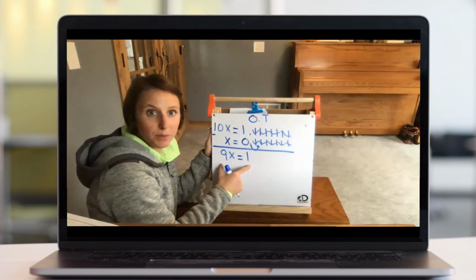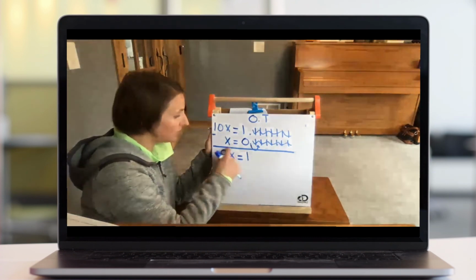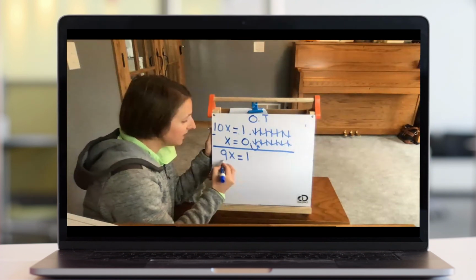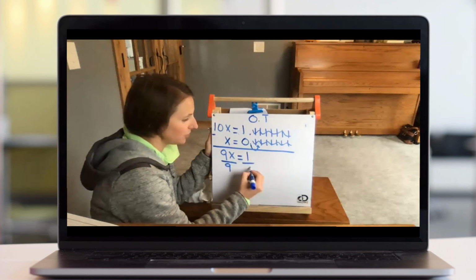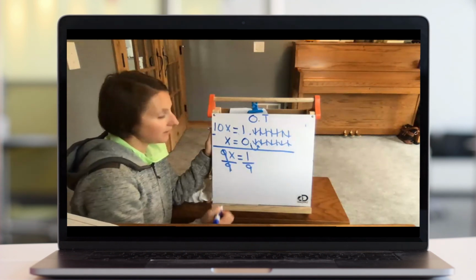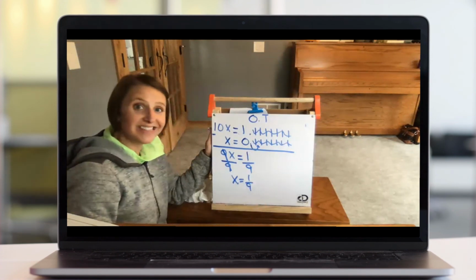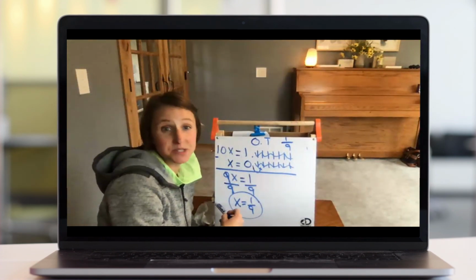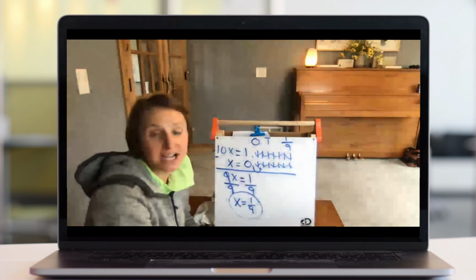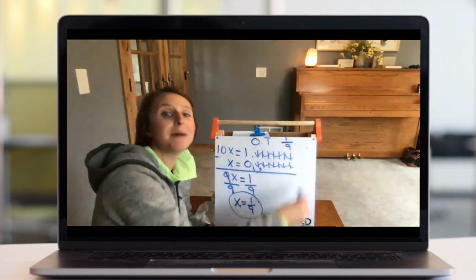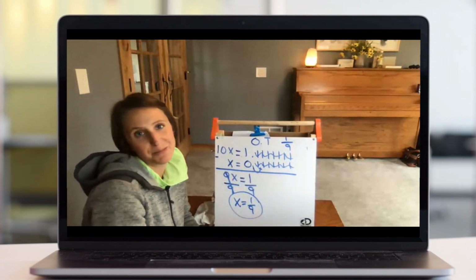This is a one-step equation. I know what will undo this multiplication of 9 times x. If I divide by 9, we did that last year if you were with us. Here I'm left with 1x, which I can write as x equals 1/9. I don't expect you to be able to do this on a sheet of paper or memorize this. I just wanted to show you the math behind our pattern that we put in our notes.